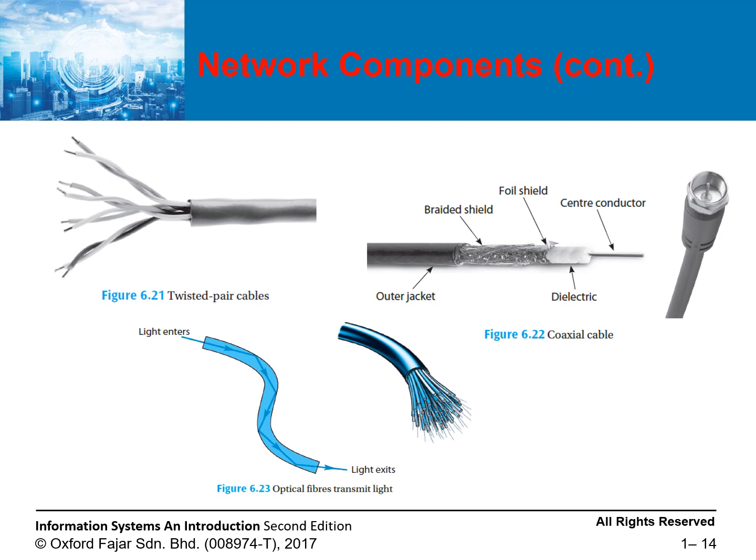This contains an inner copper coil with a protective plastic layer that is enclosed in a foil seal and braided copper seal, which is then cased in a PVC jacket.